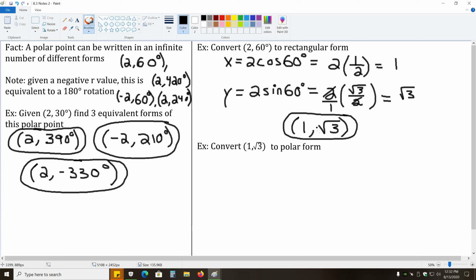So with that in mind, we now want to go ahead and work backwards. We want to convert (1, the square root of 3) to polar form. So to do this, remember we said r squared equals x squared plus y squared, our Pythagorean theorem, which gives us r squared equals 1 squared plus the square root of 3 squared.